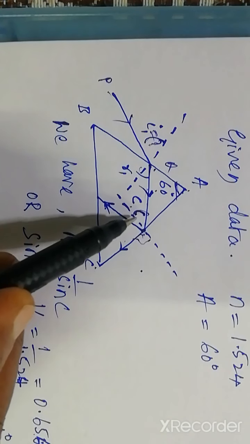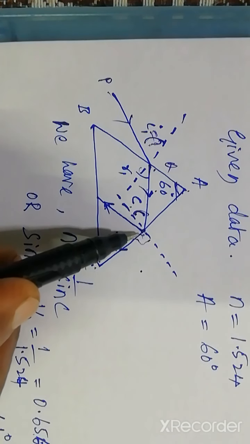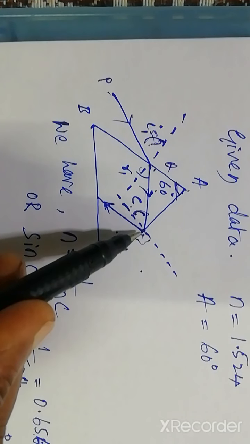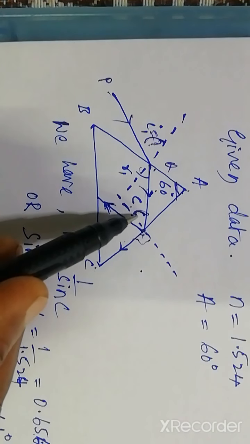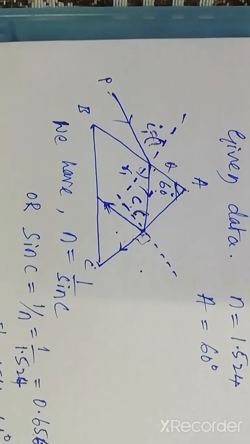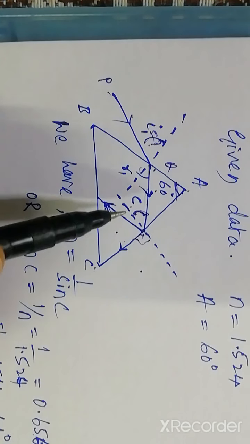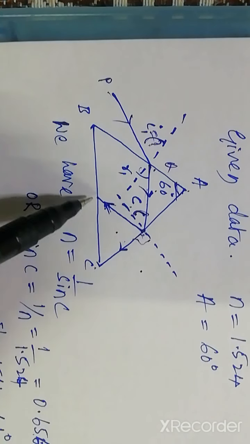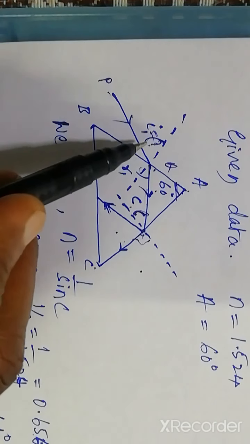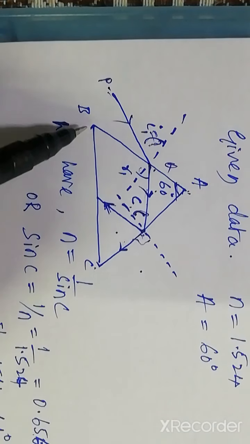If the angle of incidence is slightly increased to 41 degree 1 second, then what happens? Instead of refraction, light suffers total internal reflection, for an angle of incidence just greater than the critical angle, that is 41 degree 1 second. For 41 degree there is refraction, for 41 degree 1 second light suffers total internal reflection, and we are asked to calculate at what angle the light must be incident on the surface AB.